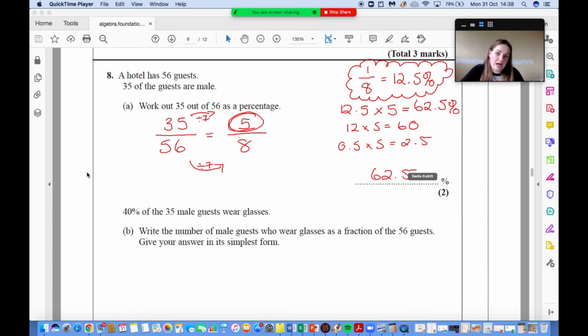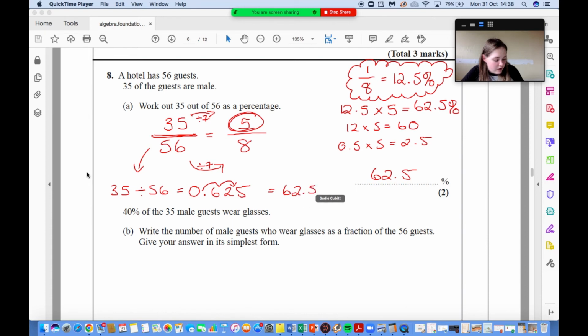If it was on a calculator paper, what you could do if you were allowed to use it, instead you would do 35 divided by 56 on your calculator, because that line in the middle there means divide, and it would give you 0.625. Well, if that's the decimal version, then we would just move our decimal point 2 places to give you 62.5 as the percentage version. Okay? Right.